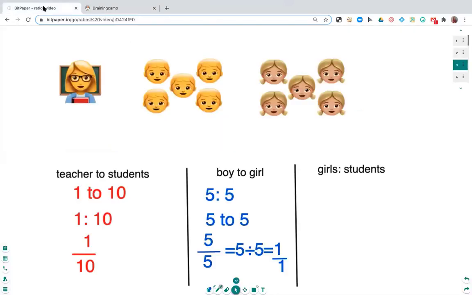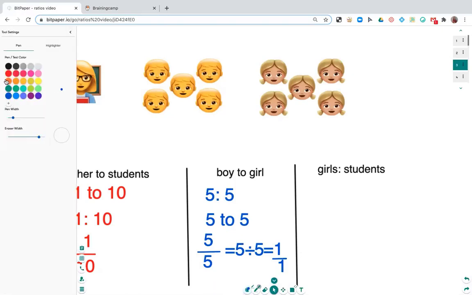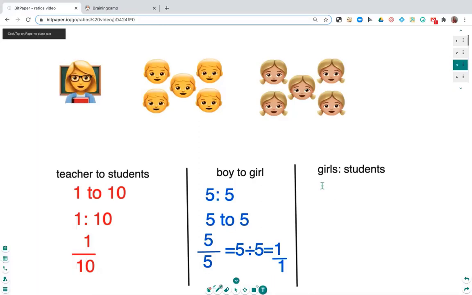Okay, the last example is the ratio of girls to students. Let's see, I'm going to change the color here. Girls, again, there's still 5. Students, that part of the ratio, how many total students in the class? Well, there's 10.